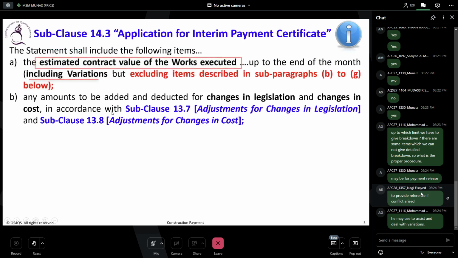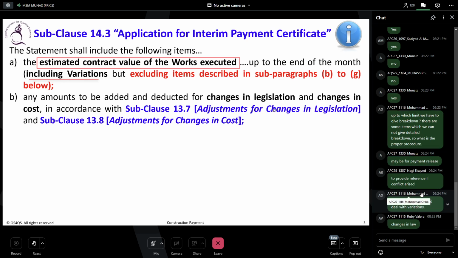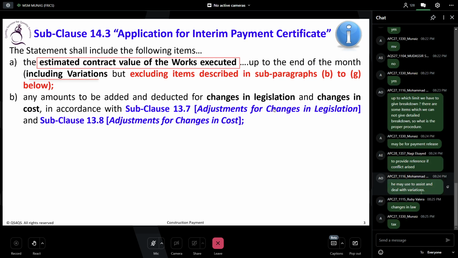Any amount to be added or deducted for changes in legislation or changes in cost in accordance with 13.7 or 13.8. Now you have to understand, it says any amount to be added or deducted. Do you understand the meaning of changes in legislation? Let's say some law is newly implied where they are reducing the taxes or some charges.